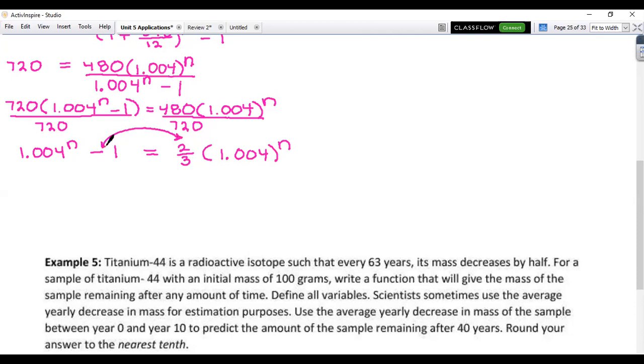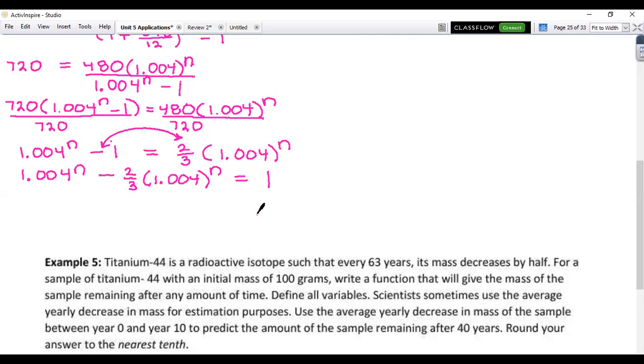I'm going to flip them. So I would have 1.004 to the n minus the 2/3 equal to 1. Yep, you're okay. These aren't supposed to be easy questions. These are designed to make you think a bit.